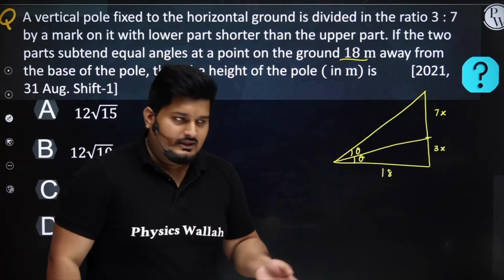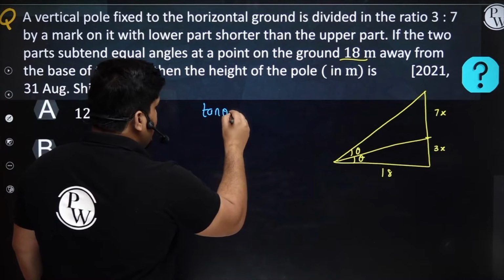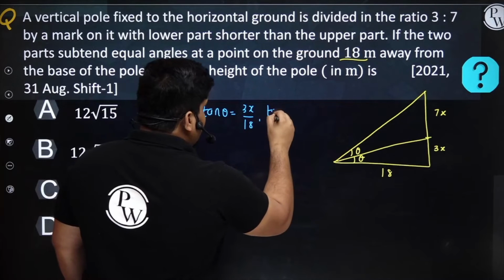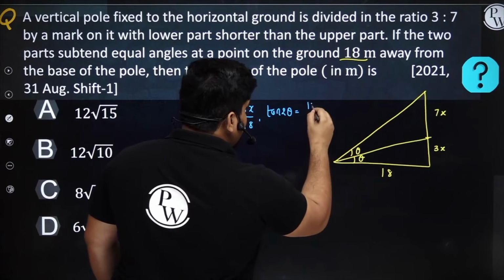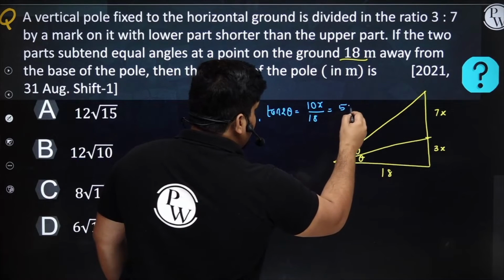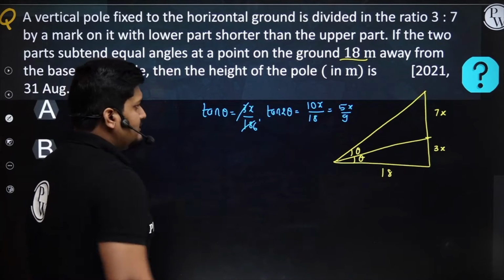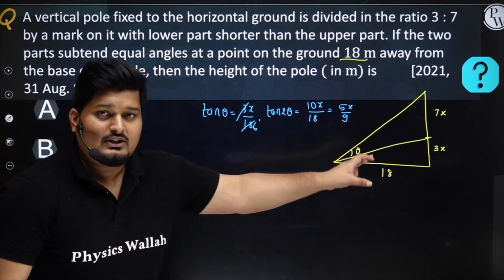Just tan theta. So in the triangle, tan theta will be equal to 3x upon 18. And what is tan 2 theta? Tan 2 theta will be equal to 7 plus 3, 10x, perpendicular divided by base, which if you divide is 5x by 9, correct? And this is x by 6. So we have tan theta, we have tan 2 theta. To find that height, we need x.